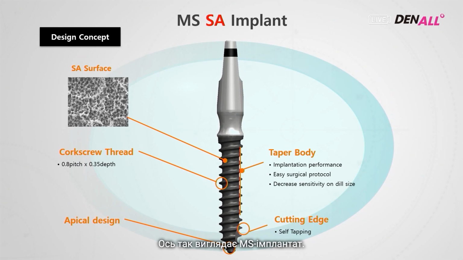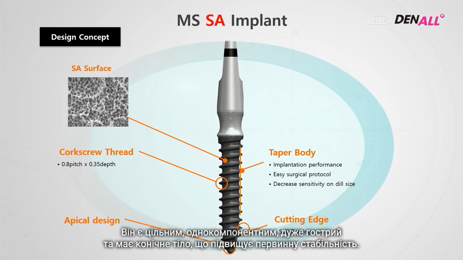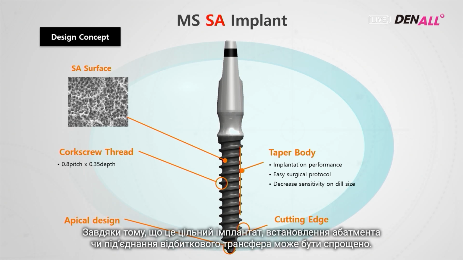And this is the MS implant. This is a one-body type, very sharp, with a tapered body, and you can increase initial stability. Because it's one body, placing the abutment or linking the impression coping can be simplified.